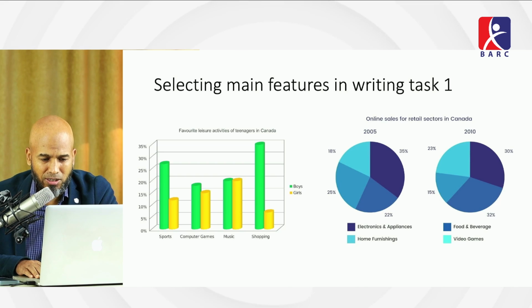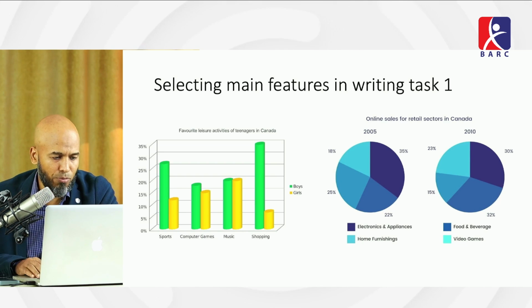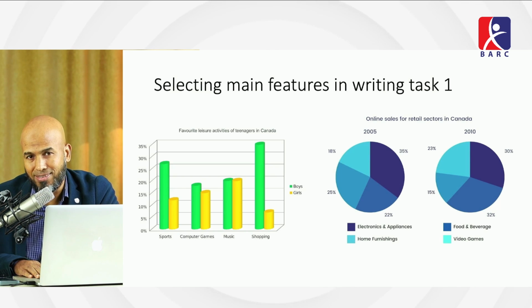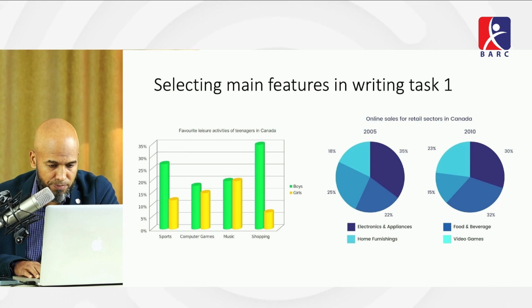Dynamic charts show data over time, and static charts show data at just one point in time, or the time may be written or may not be written. But again, these will affect the way you write and the data you select.